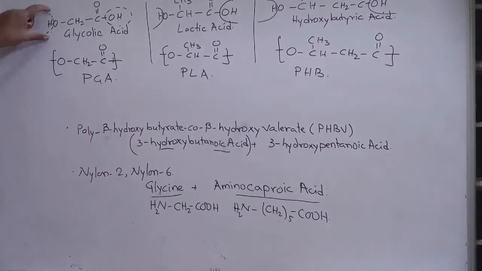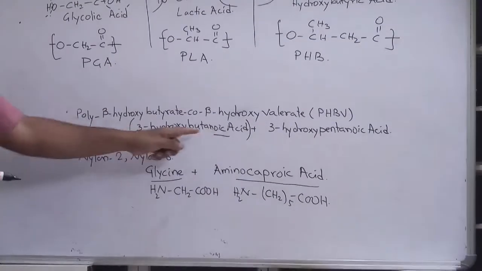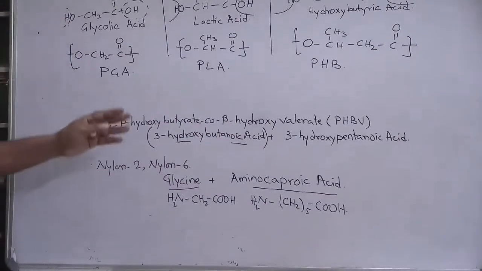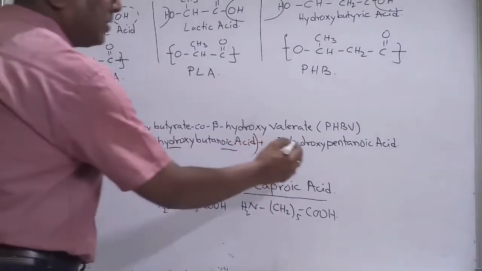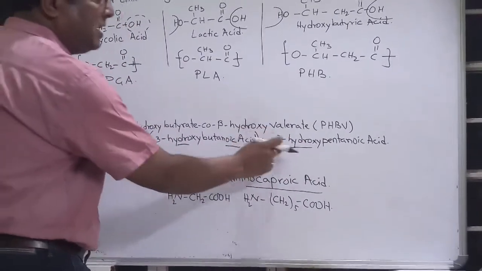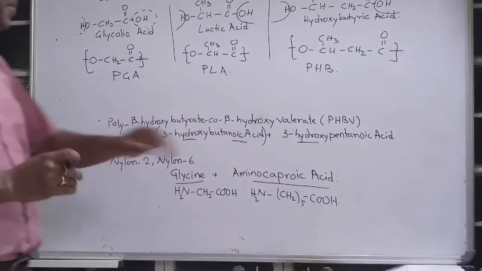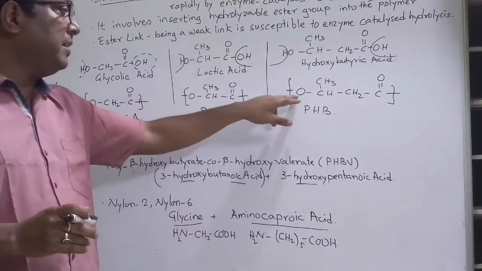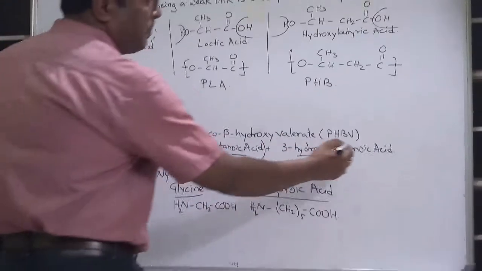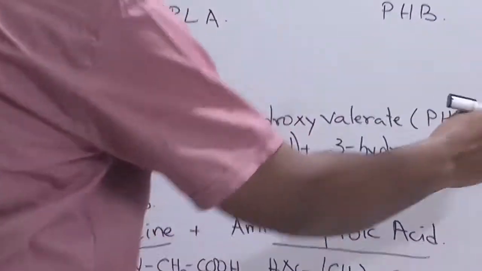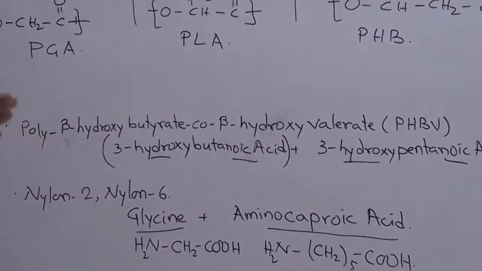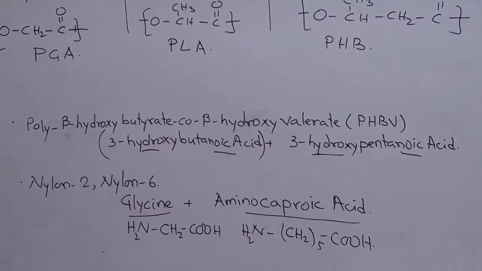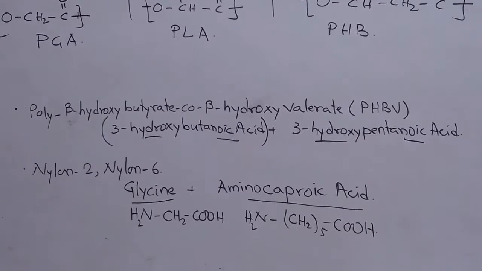So from here we can remove the hydrogen, we can remove the OH from the butanoic acid, so we can use it in making the ester. Similarly here, in the 3-hydroxy, the hydroxy helps in giving the hydrogen out, to link with the oxygen, and from the pentanoic acid we can remove the hydroxyl part. So it is used in making PHBV. This is an important biodegradable polymer used nowadays.